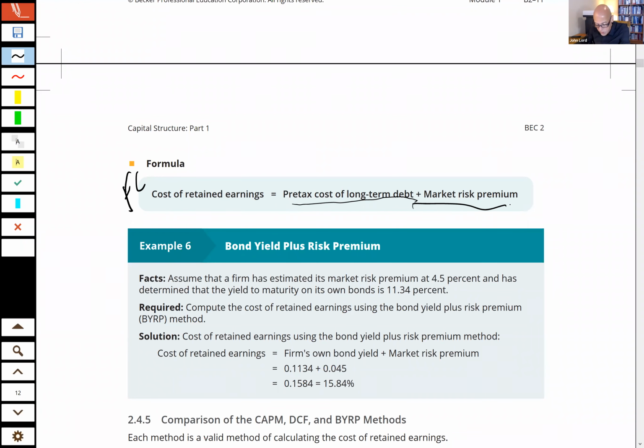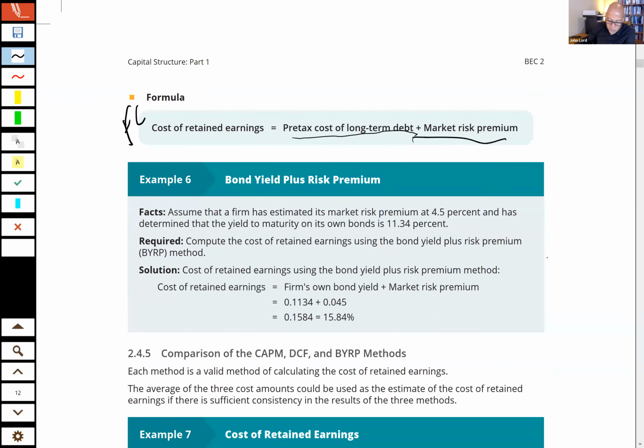You can flashcard that, but that one's probably the easiest one of all of them. So assume that a firm has estimated its market risk premium of 4.5 and has determined the yield to maturity on its own bonds of 11.34%. You simply add those two together to come up with the bond yield plus risk premium.